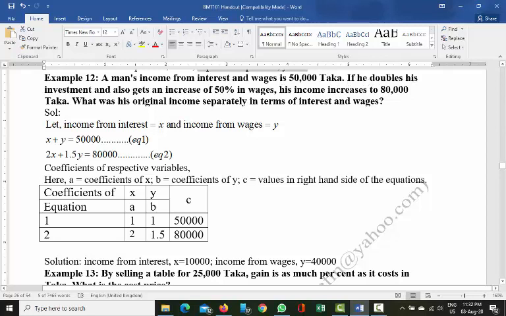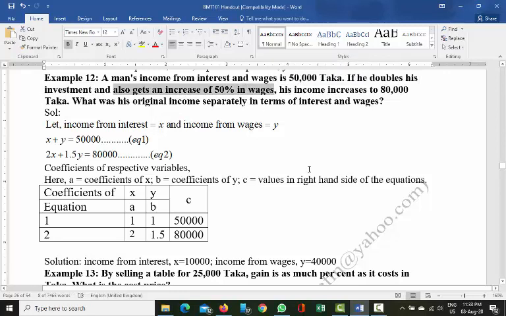If he doubles his investment, interest comes from investment, obviously. So if he doubles his investment, his interest income will also double, and he also gets an increase of 50% in wages.